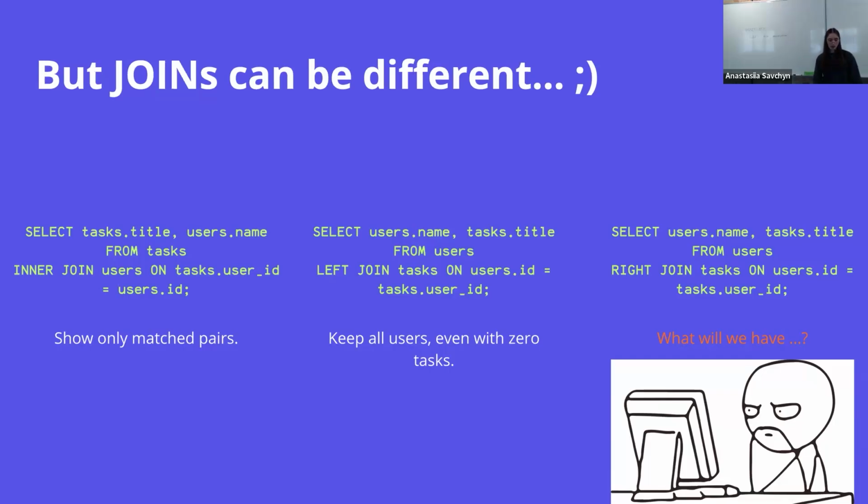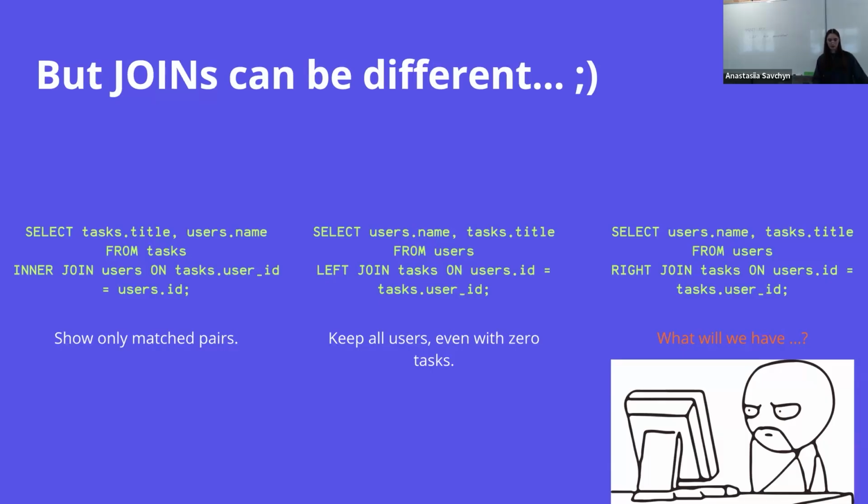So left join will leave all the records that are in the users table. So you will get all users, even if they have no tasks. Just a new student, for example, who has no tasks. So this row is not assigned to any task, but it will appear in your response because you used left join, so you prioritized your users.